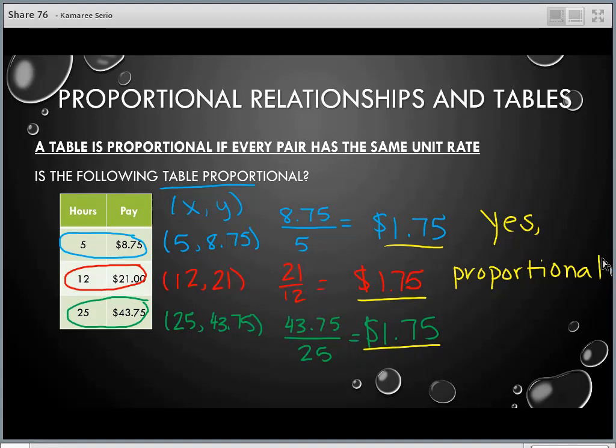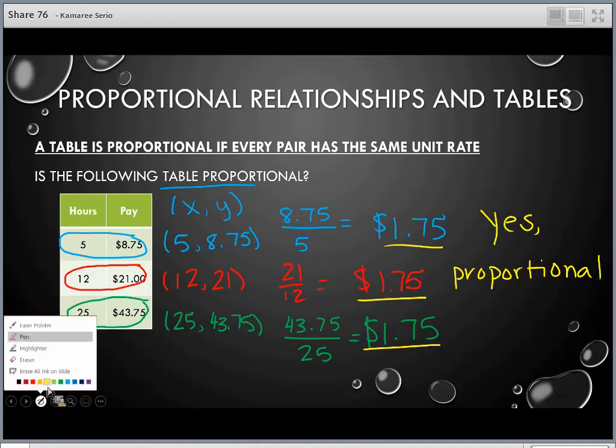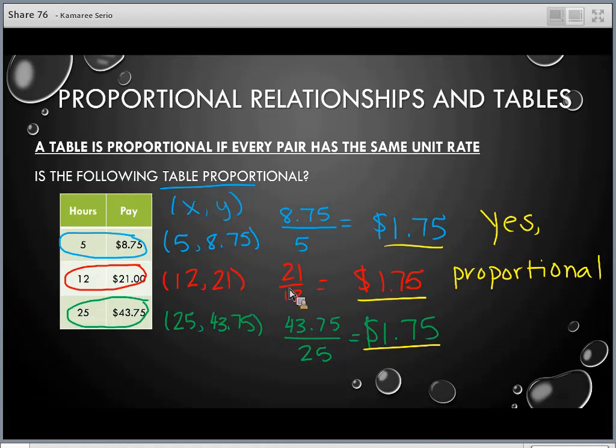Now, I want to go over one thing with you on this example. This first one I had, my unit rate was $1.75. If I take my unit rate and multiply it to my x coordinate, so my 1.75, if I multiply that by 12, let's see what I get. 1.75 times 12.